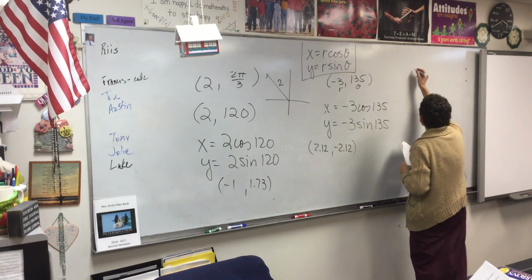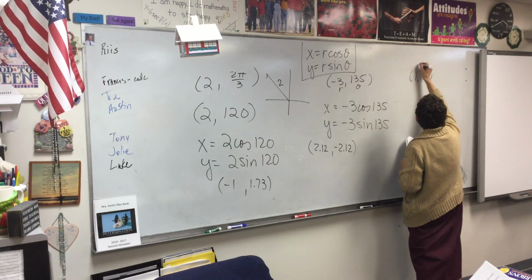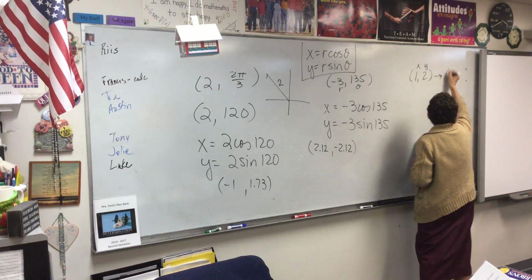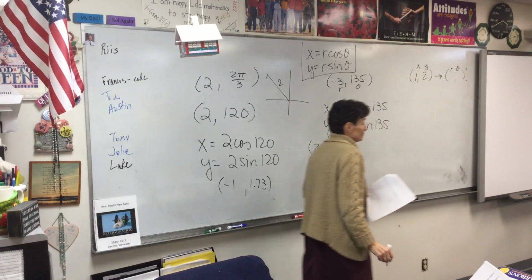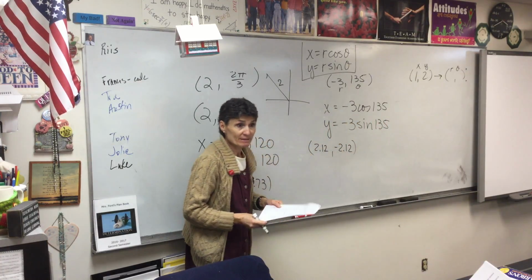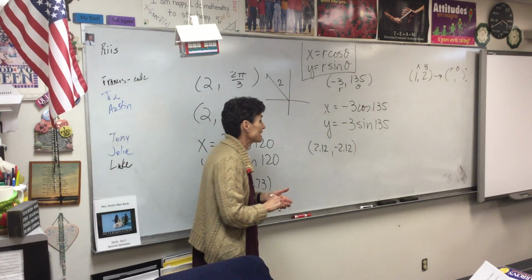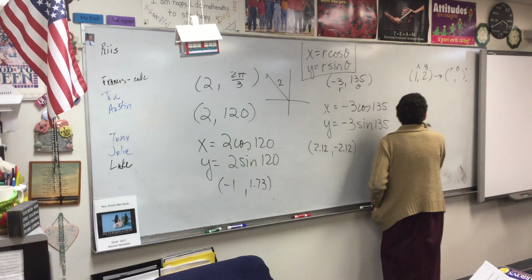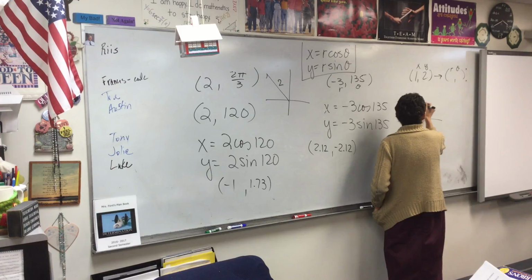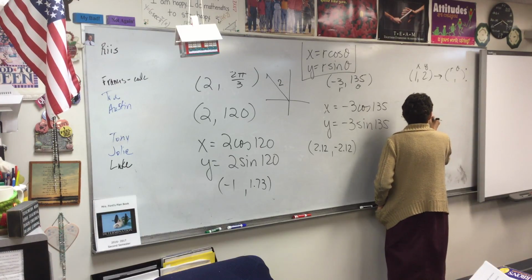Now it says I have an X and a Y, and I need to find the r and theta that goes with that. This is a little bit harder, not hard, but it takes a little more work. So I want you to draw a picture of 1, 2. Go over 1 and up 2 and make your little triangle.